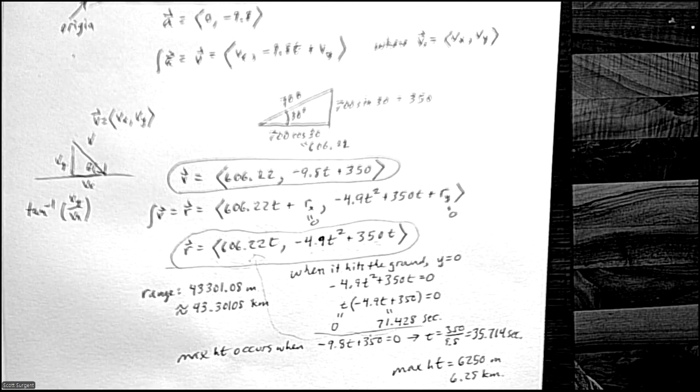And so that would be my y component. So if I do arctangent of negative 350 over 606.22, now remember I'm rounding, sure enough, I get negative 29.9999. So basically 30 degrees. Because it's coming down like that, it's going to be a negative, but you can just strip off the negative.